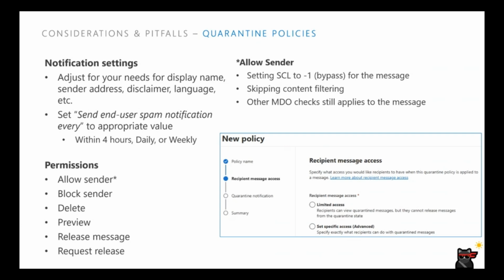We have an asterisk or a star for allow sender, because this acts a little bit different, right, Paul? That's correct. This is true. Well, first, working with allow sender or block sender, it will add those entries to your allowed sender list and your block sender list, the same ones that you manage within Outlook. So if you manage it through the quarantine, they'll be visible there as well.